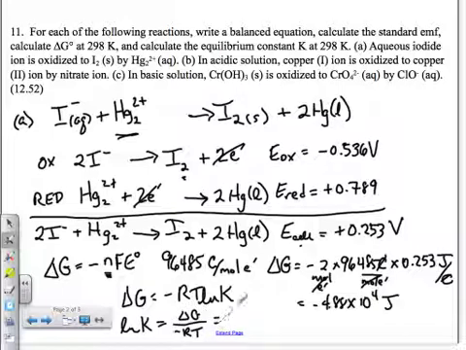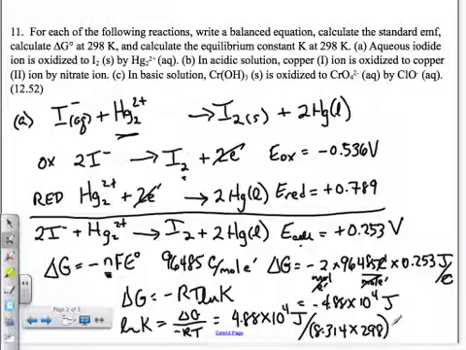The negatives cancel, so I've got 4.88 times 10 to the 4th joules divided by, in parentheses, 8.314 times 298, since this problem said 298.